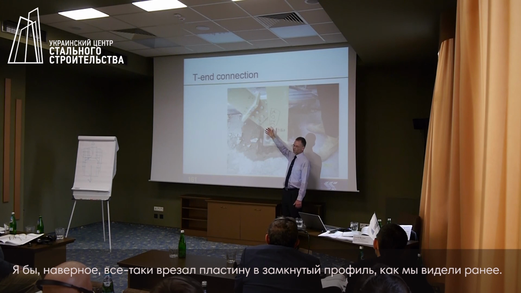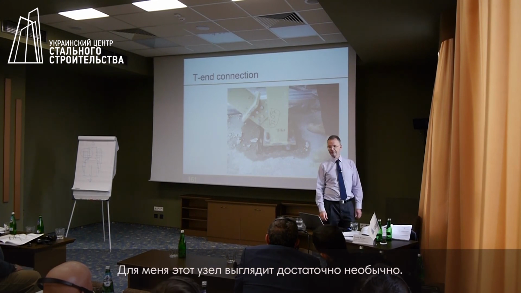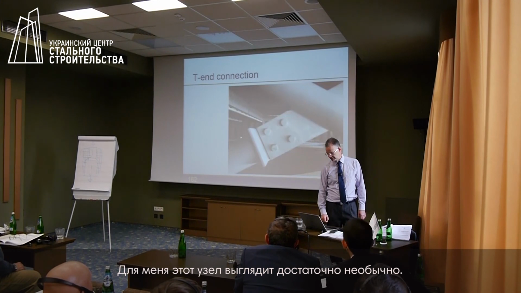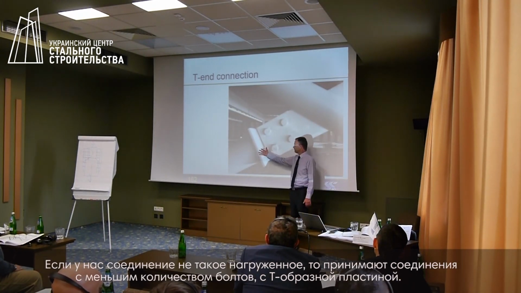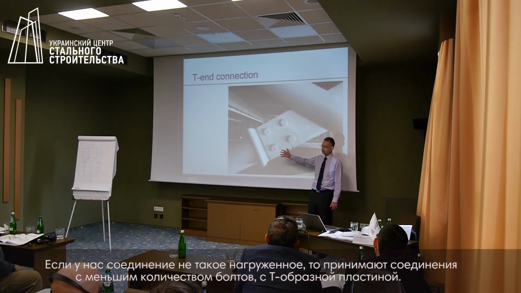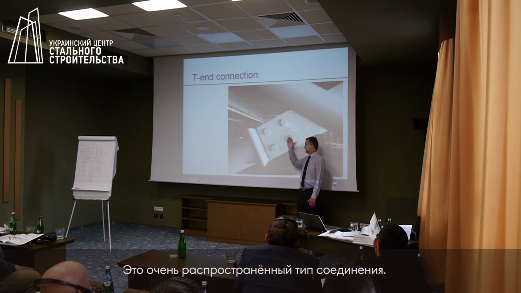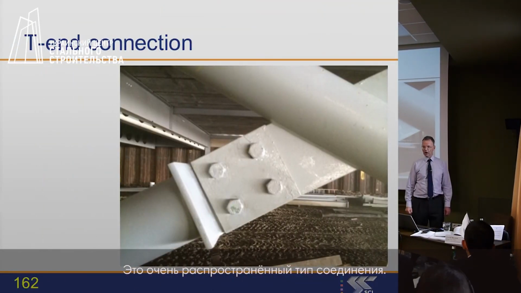I would have expected this detail perhaps to be a plate cut into the hollow section, like we have seen before. So this to me is a little bit unusual. If we have a more modest sized bracing member and perhaps fewer bolts, then the detail with an end plate and a T perhaps connected to another plate, that would be more common.